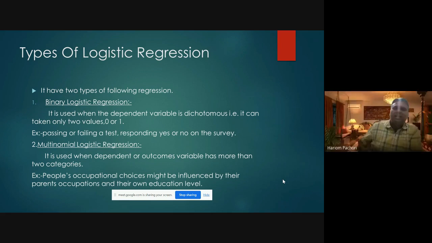Yeah, binary. When your objective is to compare stress level between male and female, then the test will be the t-test. I want to establish the relationship: binary is having two and more than two is multi.